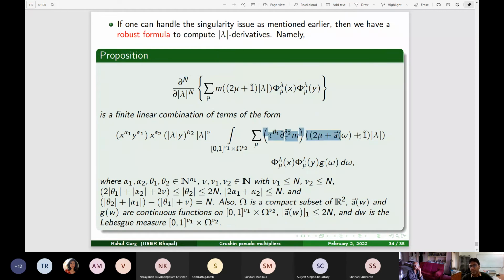An ugly looking formula of this type. Don't worry about the factors, but what was very important for us was it is again tau to the power some theta 1, del tau to the power theta 2. Most importantly, if you ignore these factors also, then 2 theta 1 is less than or equal to theta 2. So what we could see was indeed the power of polynomial tau is at most half of del tau theta 1.